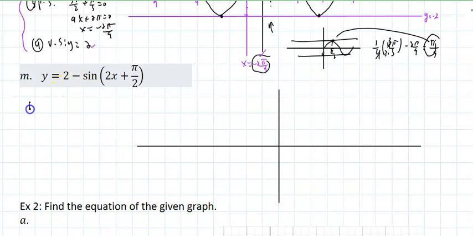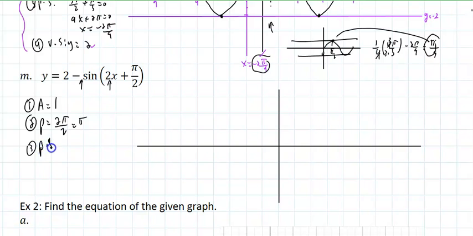So, 1, my amplitude is 1. 2, the period is 2 pi divided by 2, which is pi. 3, I have a phase shift. Set this equal to 0. X would equal negative pi over 4. 4, I have a vertical shift of y equal 2 right there.